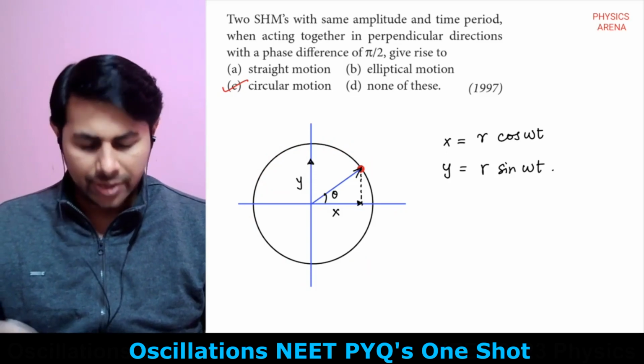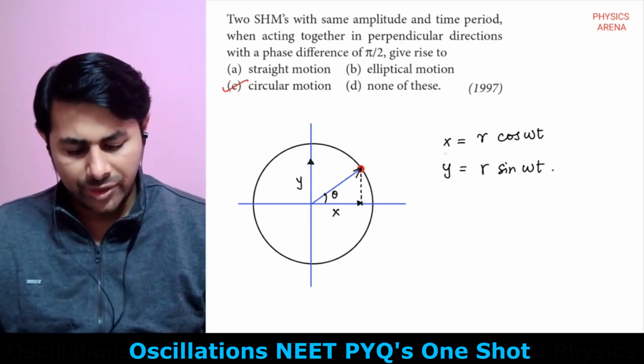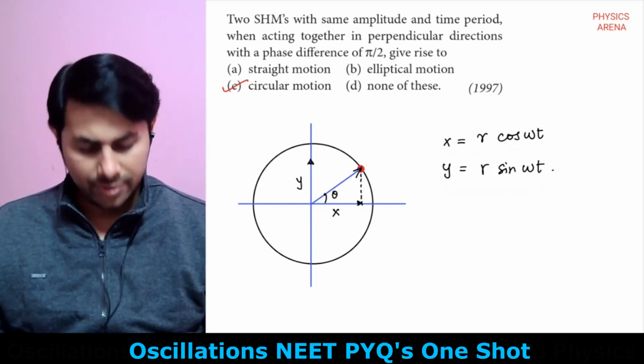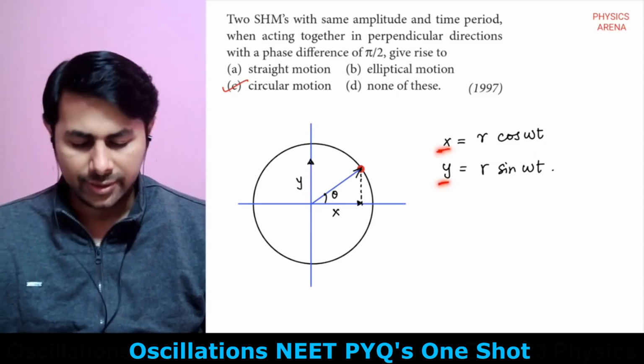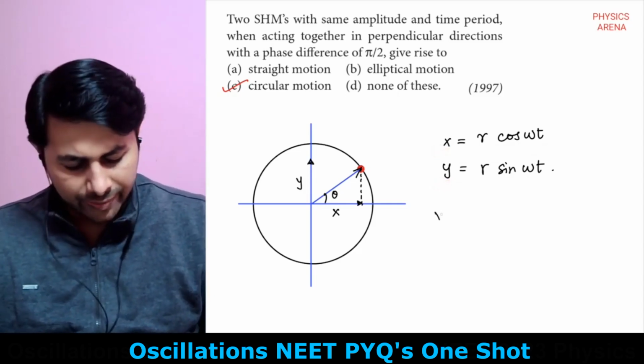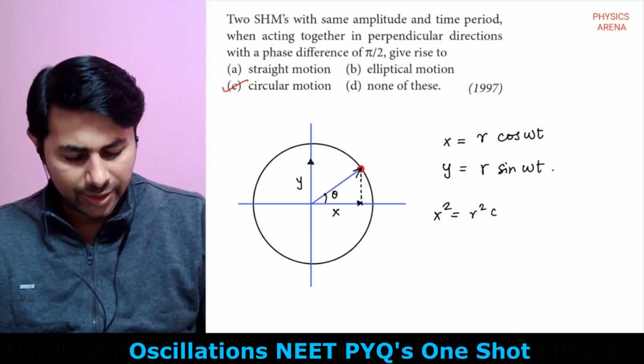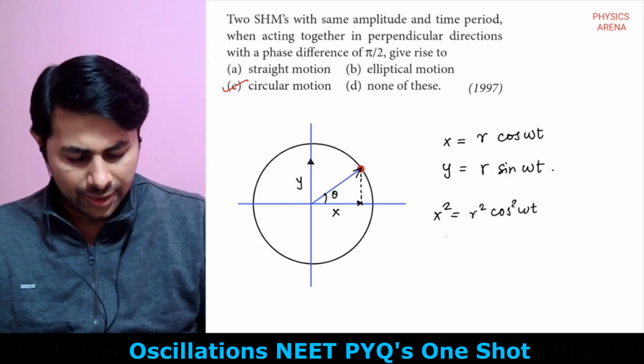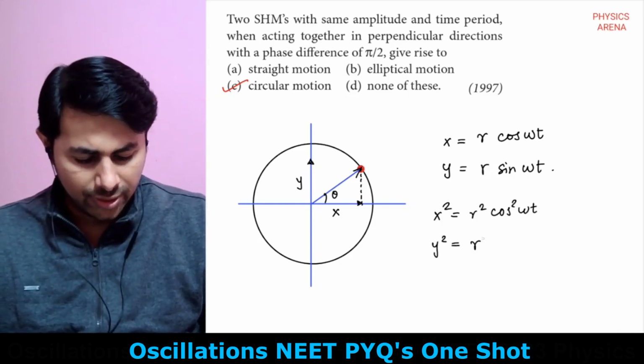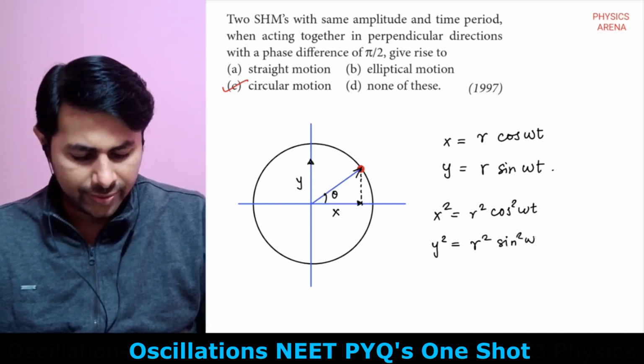We can think of it in this way also. If we square this and this, what will we get? X square equals r square cos square omega t, and y square equals r square sine square omega t.